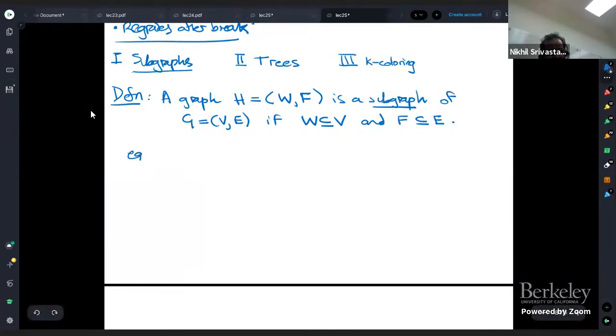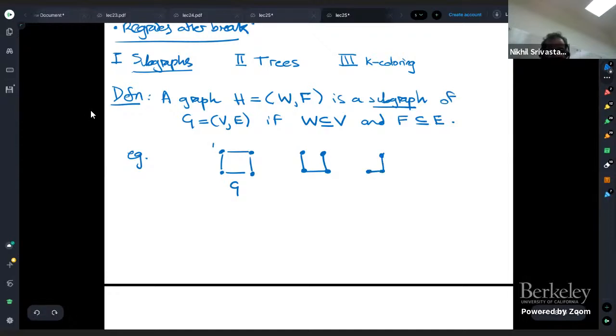So for example, I'm just going to draw some pictures. Here's a graph, G, and this has a lot of different subgraphs. Any graph that you get by deleting some of the edges and keeping the vertices is a subgraph. Or you could even delete some of the vertices. This is also a subgraph.